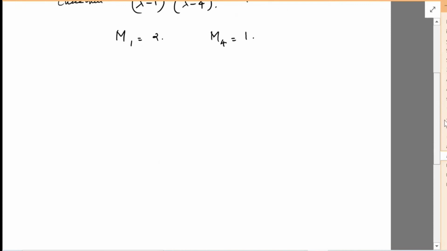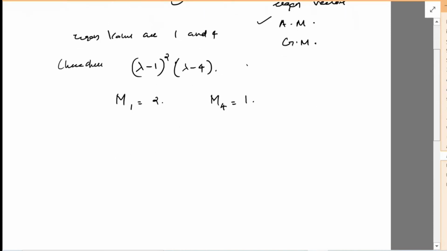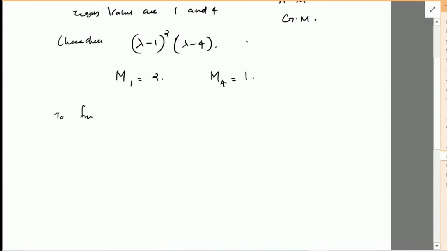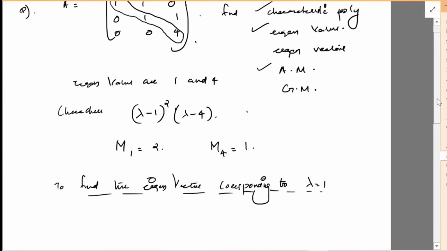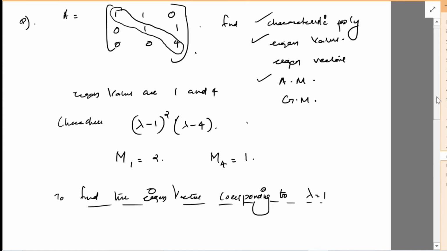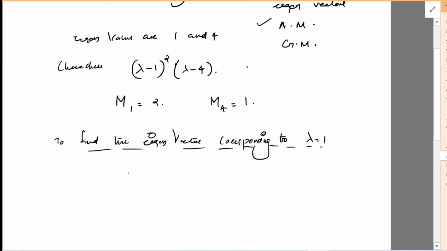To find the eigenvector, first of all, I am going to find the eigenvector corresponding to the first eigenvalue, which is 1. So we need to solve (A minus lambda I) x equal to 0.